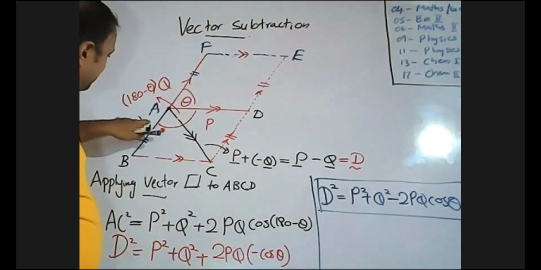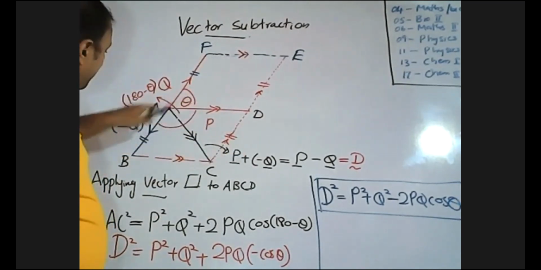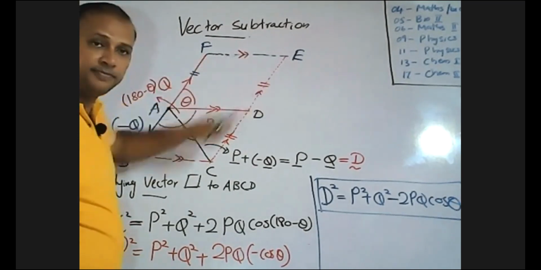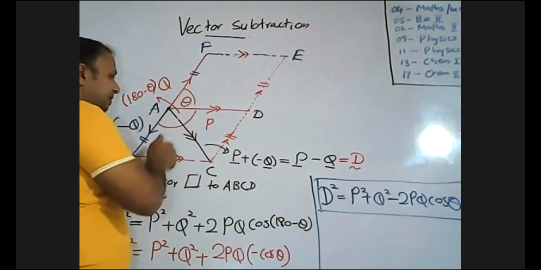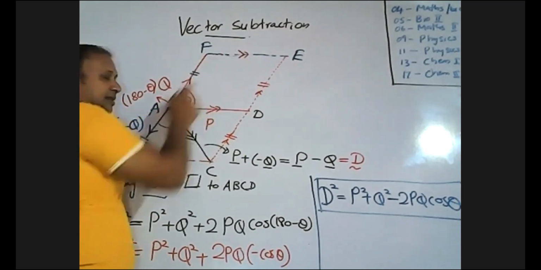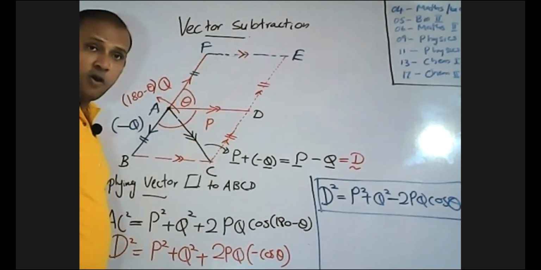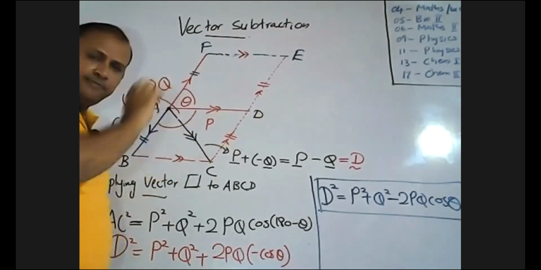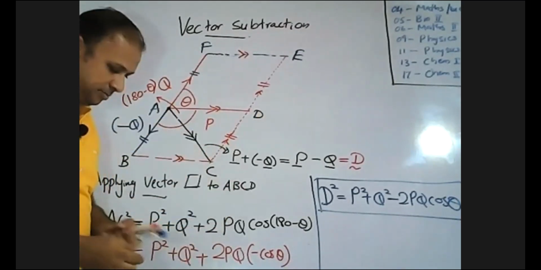This side and this side are equal, and this side and this side are equal. All are equal. Therefore, both parallelograms are the same in size.